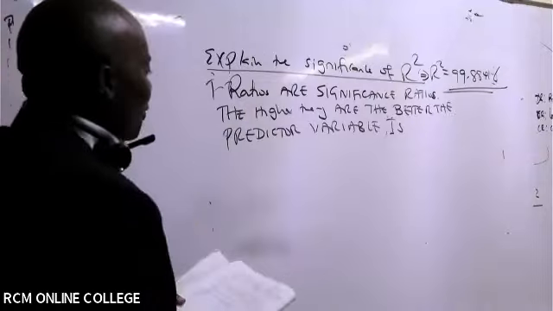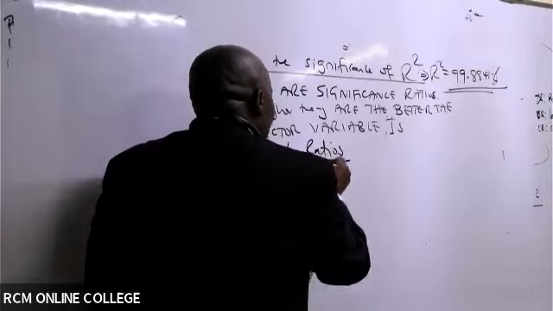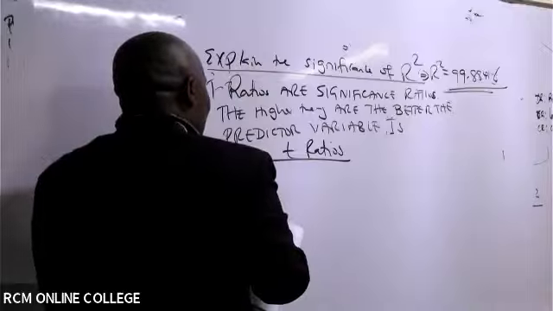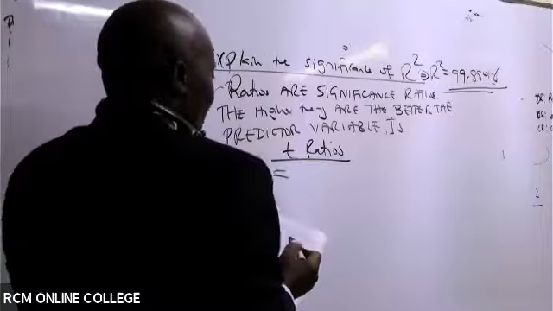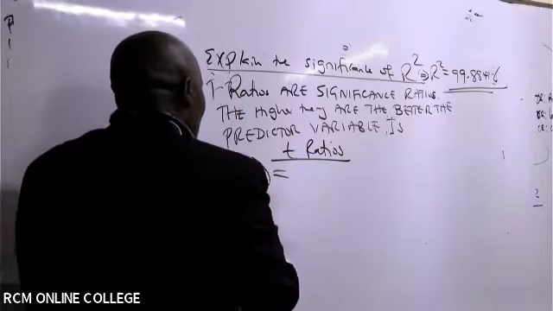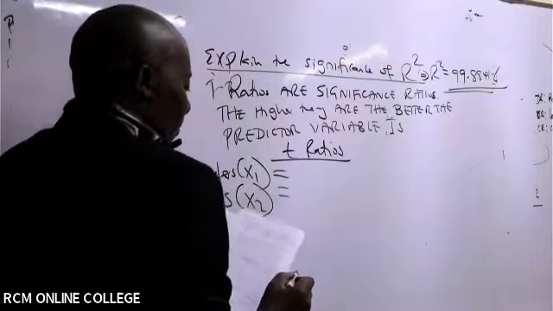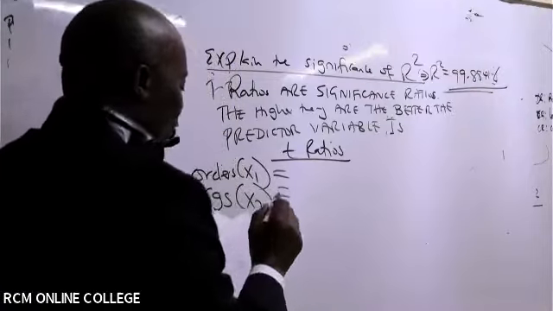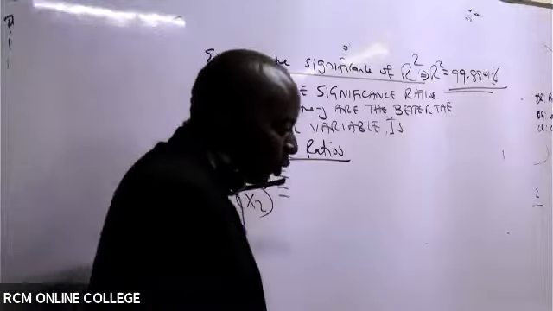So they have asked us for 2 T ratios, not 3, but 2. They want the T ratios for orders, which were our X1, and for kgs, which were our X2. Is there somebody who can see the T ratio for X1?